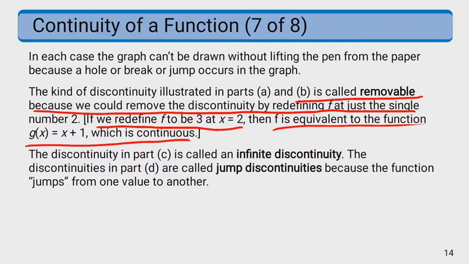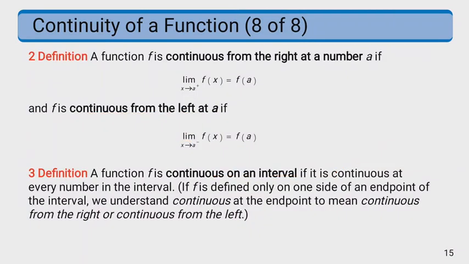That means we have removed the discontinuity. So that is a removable discontinuity. We also saw that we had an infinite discontinuity where our function was blowing up to infinity as we get closer and closer to 0. And also we saw number d, that we had jump discontinuity, a lot of jump discontinuities.